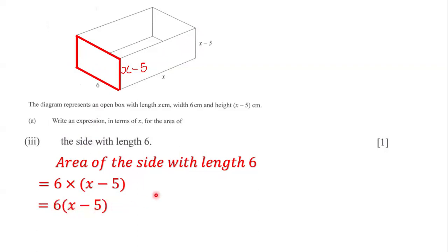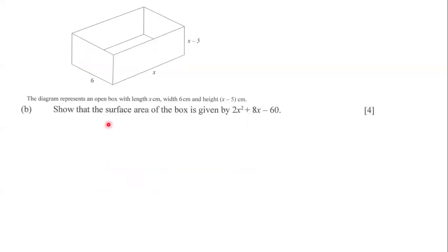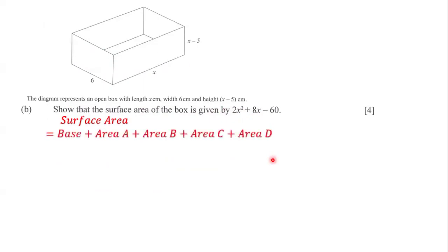Okay, next, it says show that the surface area of the box is given by 2x squared plus 8x minus 60. And so in order for us to get the surface area, what do we need to do?